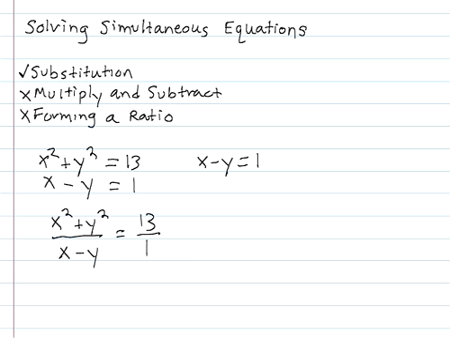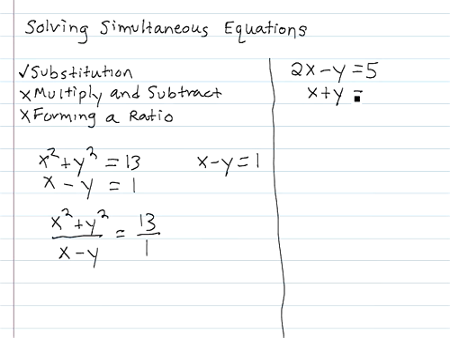Now let's look at an example where multiply and subtract would work, but forming a ratio wouldn't. So I'm just going to draw a line like so. Let's look at maybe 2x minus y equals 5, and x plus y equals, let's say, 4.